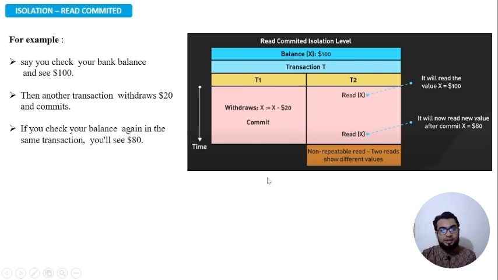So after the commit, if I check, the balance will be 80. Initially transaction T2 checks the balance and it is 100, but in the meantime transaction T1 withdraws 20 and commits. So after the commit, transaction T2 reads the data again and sees that the amount has decreased and is now 80. That is a non-repeatable read.